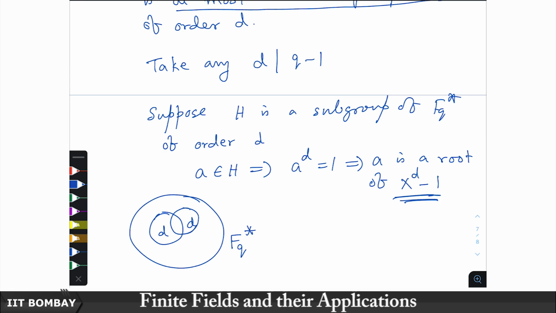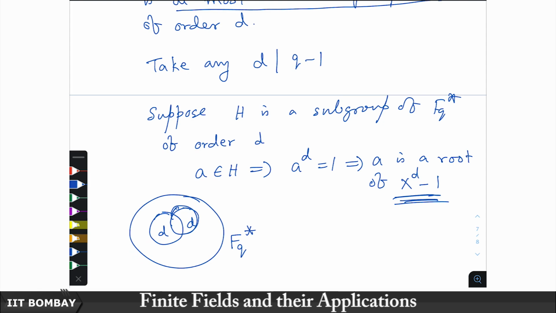So, if they are distinct subgroups, then their union will have more than d elements, and they are all roots of x power d minus 1, and that is a contradiction, because it is a finite field in which there are more than d elements which are roots of x power d minus 1, and that polynomial is of degree d.